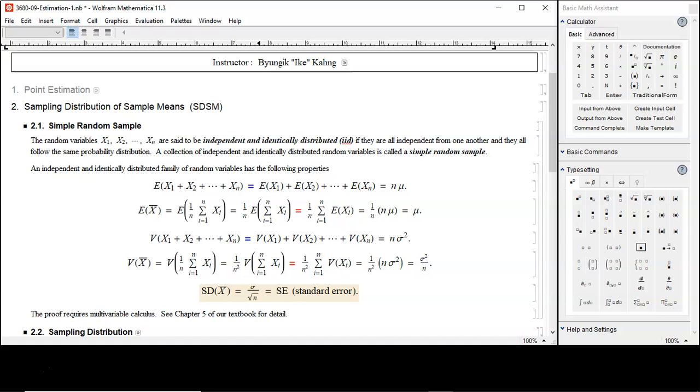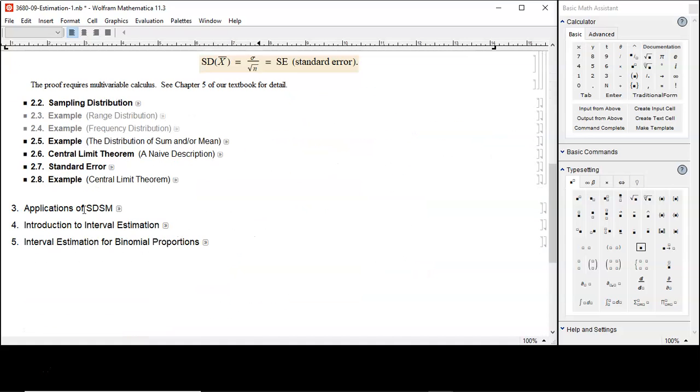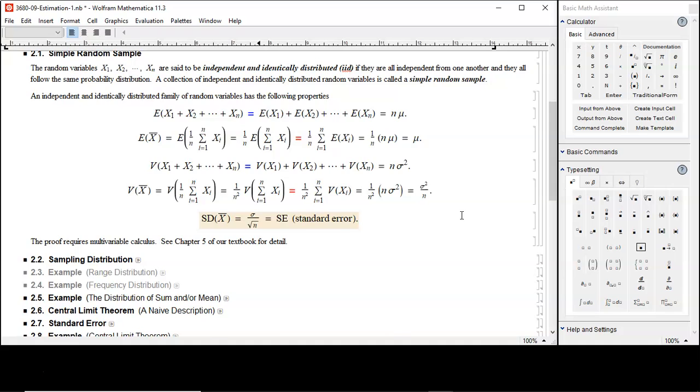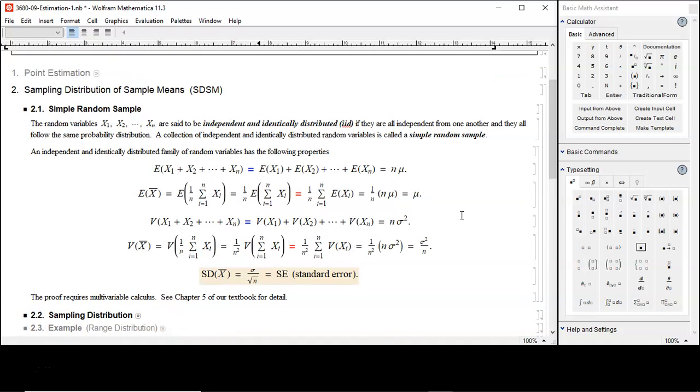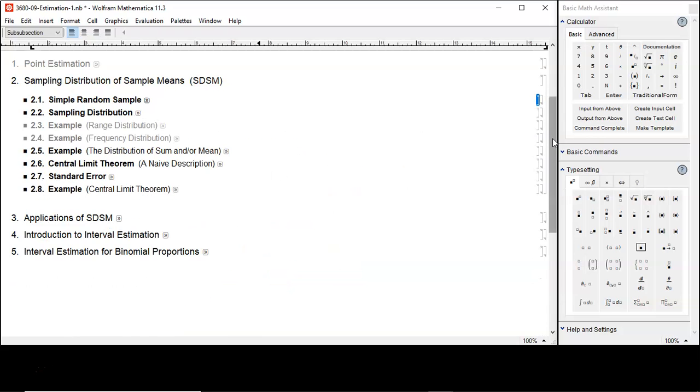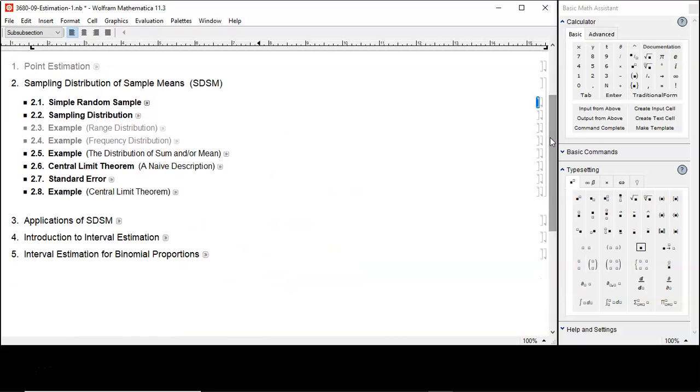We're going to come back to that, maybe in some of these examples. Oh yeah, here, 2.7. For the proof, by the way, please look up chapter 5 of our textbook. The proofs require multivariable calculus, so please be warned.